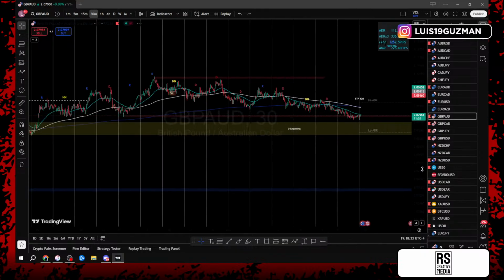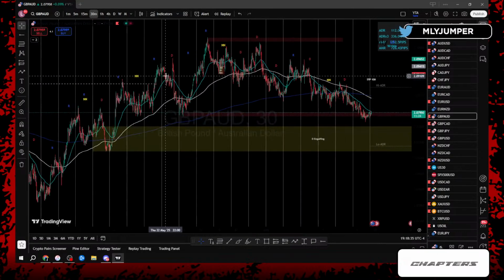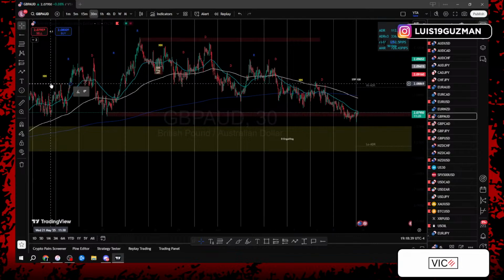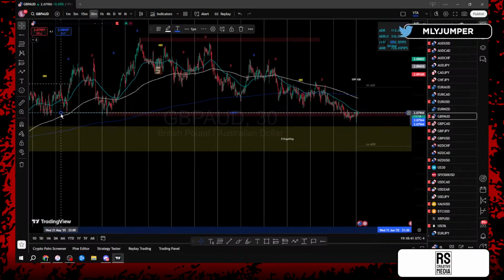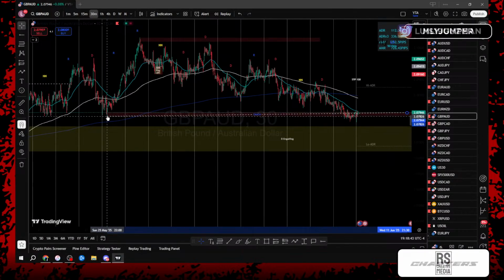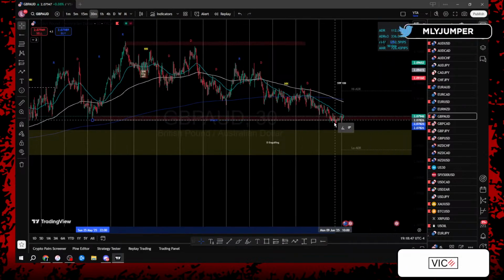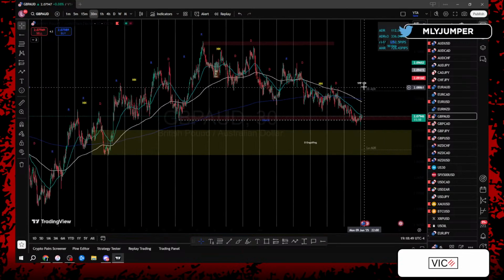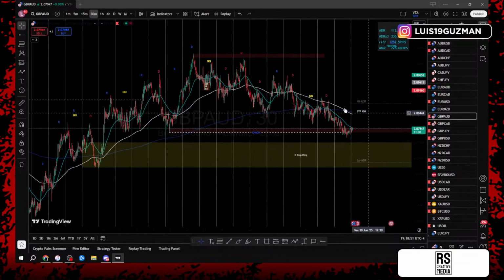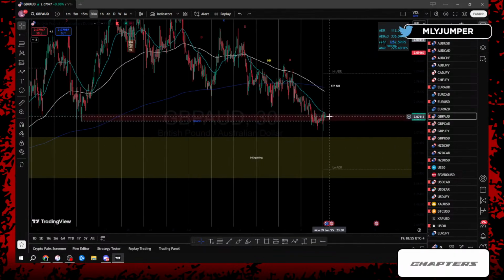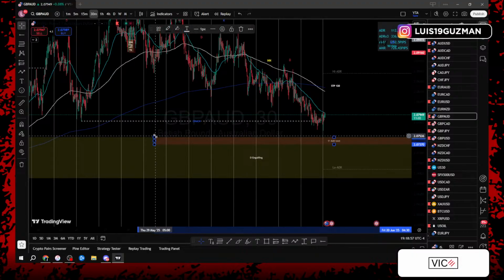30-minute time frame. Price was giving us higher highs and higher lows up until today. And then price gave us a change of character, lower low. So at this point, we know we're trading between this 30-minute high and these 30-minute lows down here.